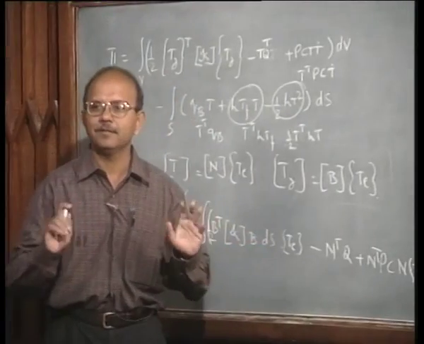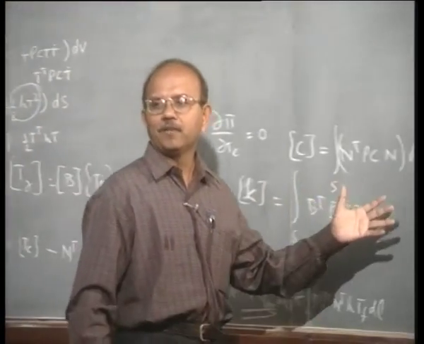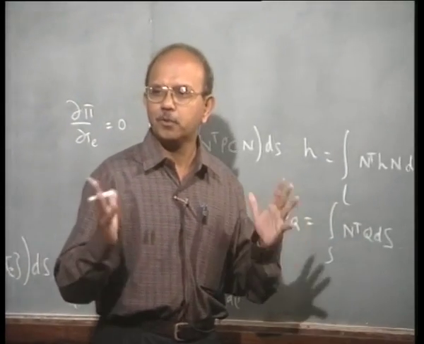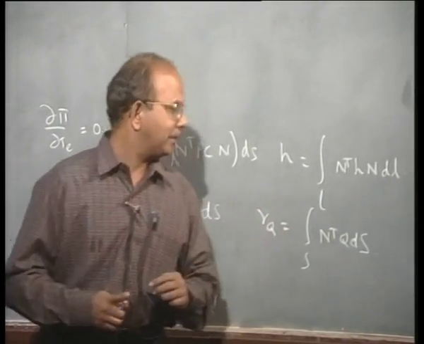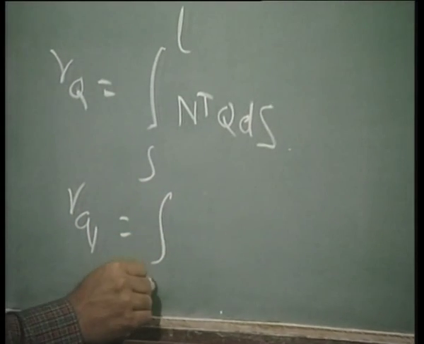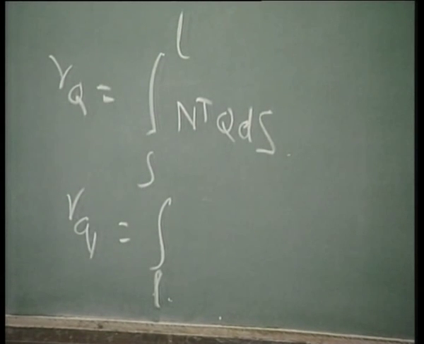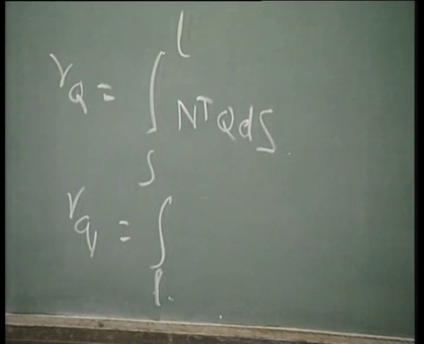Wait, one minute. See, why I am doing this is because later, when there is a problem and something is 0, you can just put it as 0. It's not a problem. That is why. Let me call this RQ: N transpose QB dl.